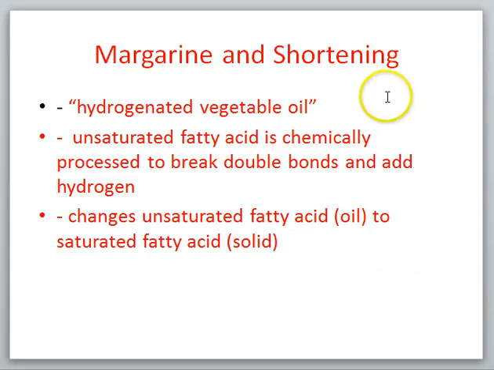Margarine and shortening, those are something that most of us are going to have in the kitchen at home. And if you look on a container of margarine or shortening, or a lot of other manufactured food products, you'll find the phrase hydrogenated vegetable oil.